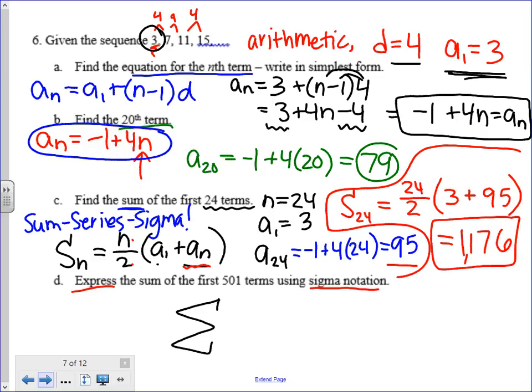We found that in part A, so now all I have to do is write next to the sigma, negative 1 plus 4n. And then it says express the sum of the first 501 terms. Well, the first 501 starts at 1, and I'm going to count up to 501. So that's how we're going to write the sigma notation for the sum of the first 501 terms.